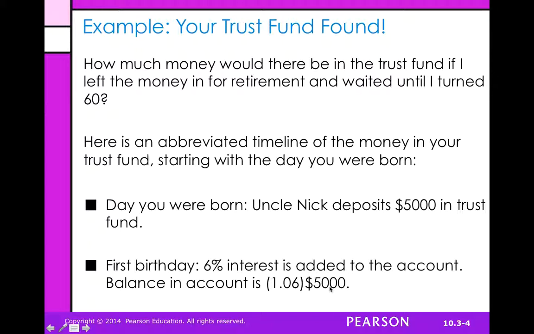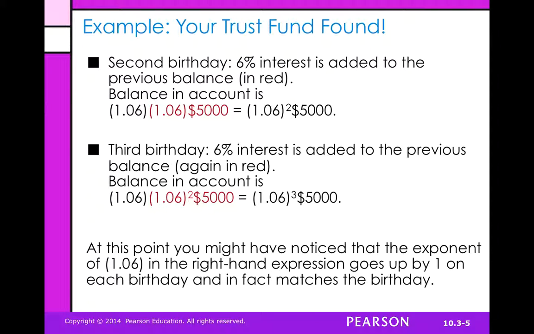You have your $5,000 already, and then you have $5,000 plus an additional 6%. Since we're dealing with years here, there's also an implied time unit of 1, but you don't need to slap a 1 on there. For your second birthday, 6% is added to the previous balance, which is now in red.